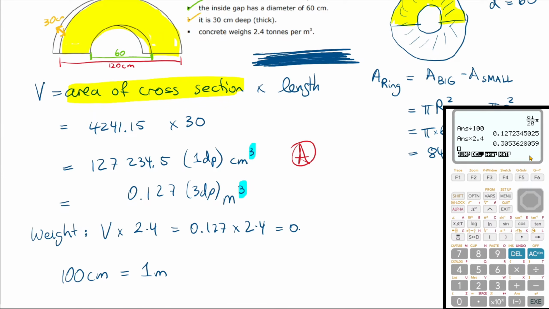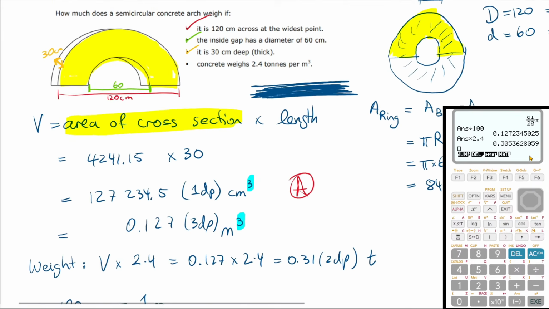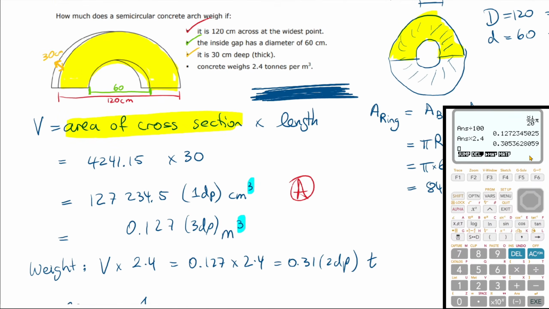So we get 0.31. Let's do 2 decimal places just because we had 3 already. We had 1 already. In the end, you just pick one that makes sense. And here, if the unit is tons, I think we don't need that many decimal places. So it's 0.3 tons, 310 kilograms heavy.